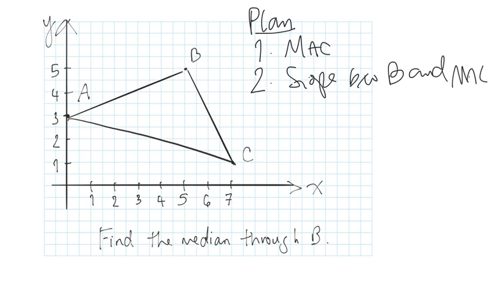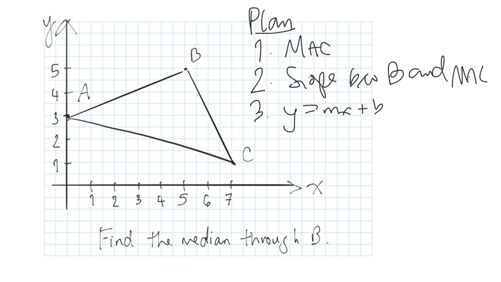Because after all, my line is going to do something like that. So I need to figure out the slope using 2 points that are on that line. And those 2 points are B and the midpoint of AC. So that's why I'm going to do that. And then lastly, I'm going to put that into y equals mx plus b. Okay, so that's my plan. 1, 2, 3, not so bad.